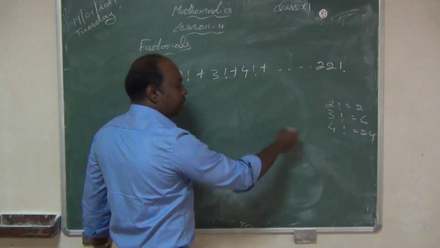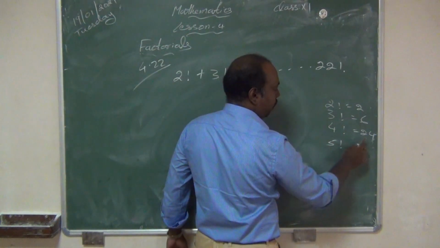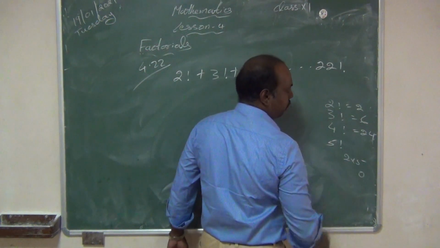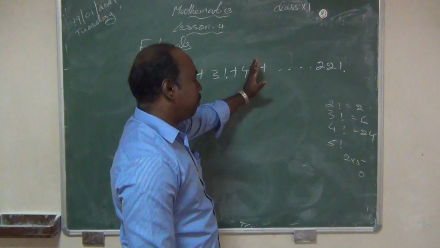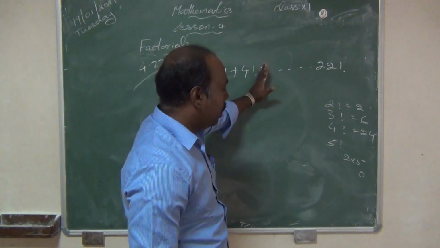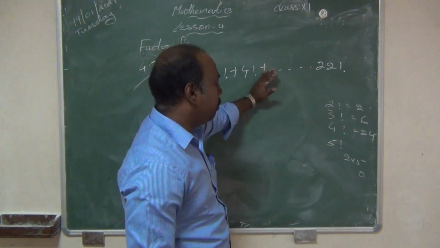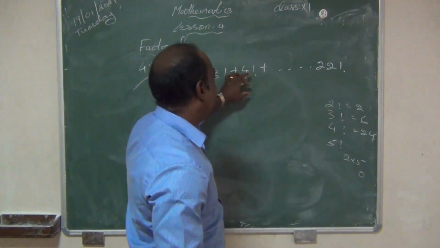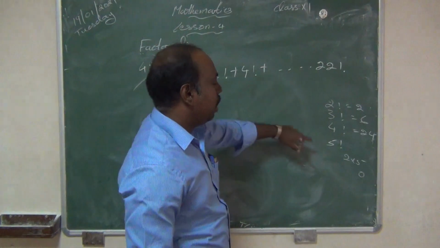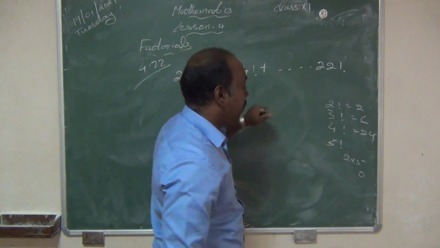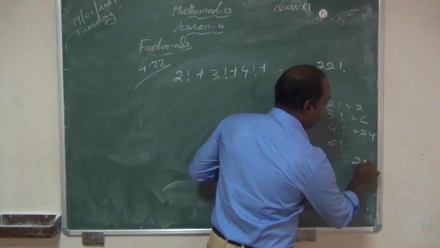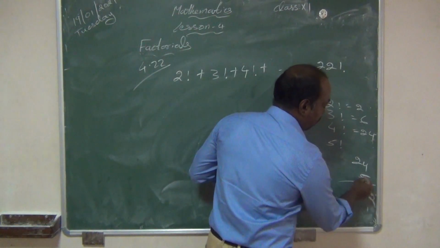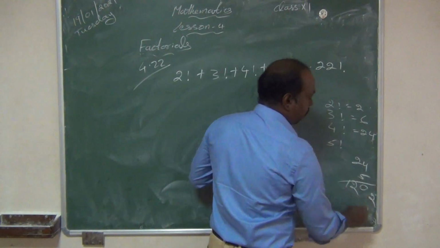Then from 5 factorial onwards, 5 factorial is 24 into 5, that is 120. The unit digit must be 0. So from 5 factorial onwards, whatever number you multiply, you will get the unit digit as 0, am I right? 4 5s are 20, 5 2s are 10, plus 10 is 120.